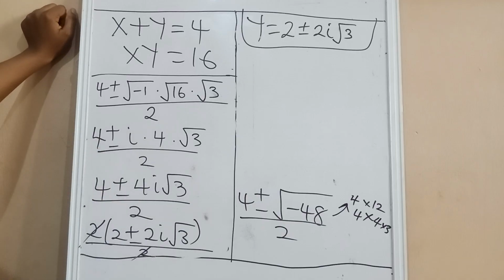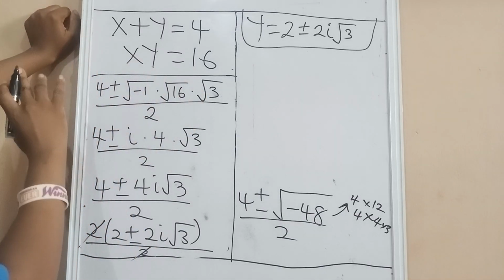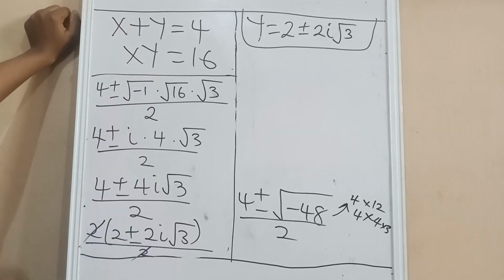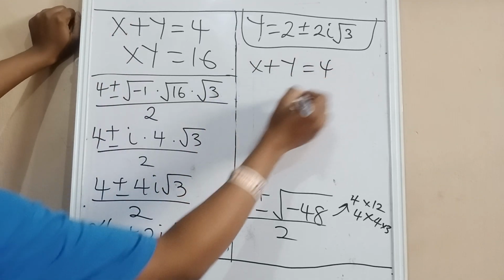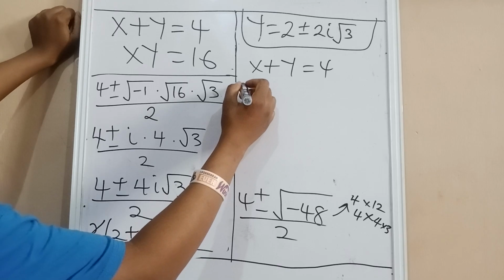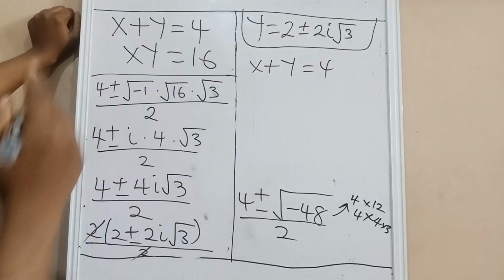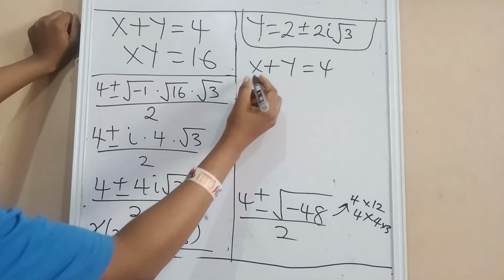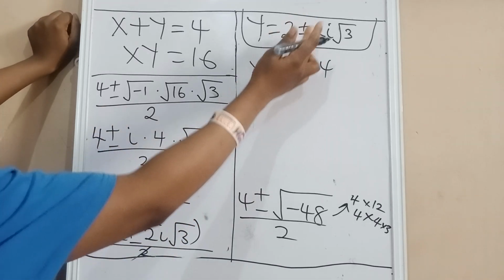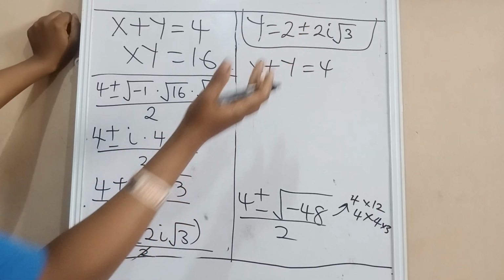So for us to get the value of x, we're going to put that in this equation, okay? So wherever I see y, I'm going to put this value. Remember, this is 2 values for y. Take note. So it means whenever y is plus, x will be minus.